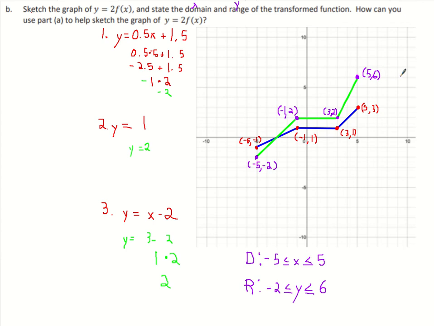Now, hopefully, after I've written these all out, you can see what's so important about these points when I compare them to my original points. If I look at my x value, I've got -5 and -5. Okay, my x value didn't change. But if I look at my y value, I started with -1 and ended with -2. Think in your head, what do I have to do to get from -1 to -2?